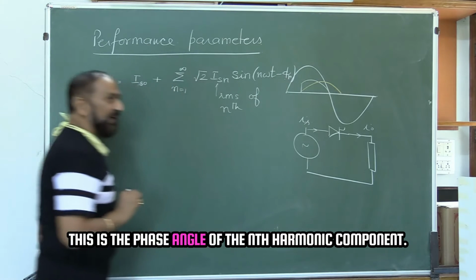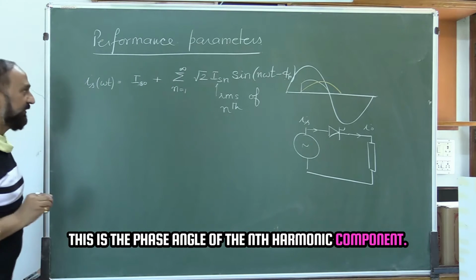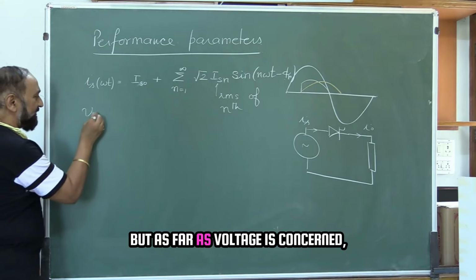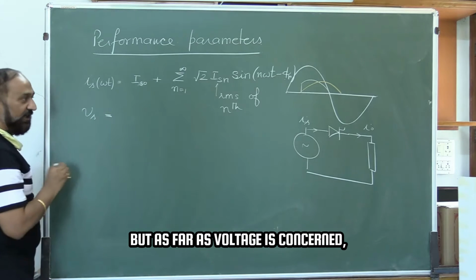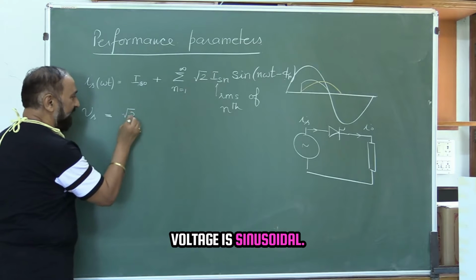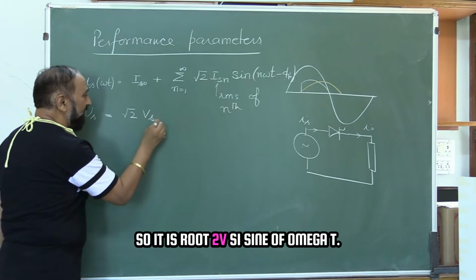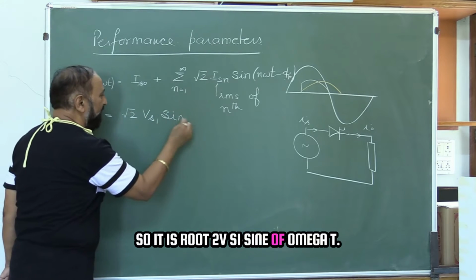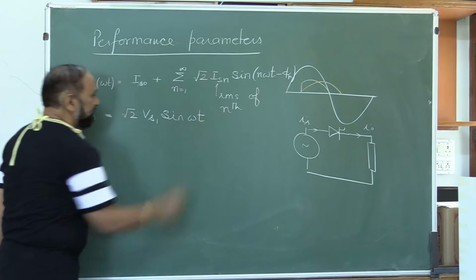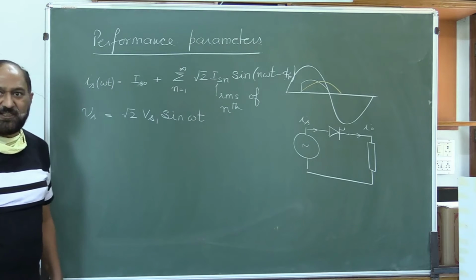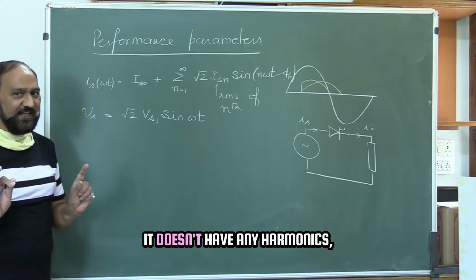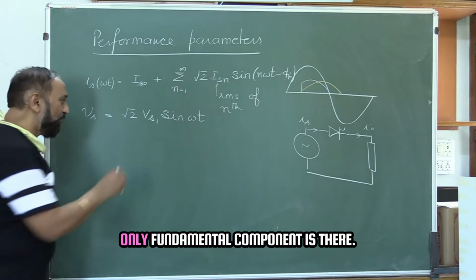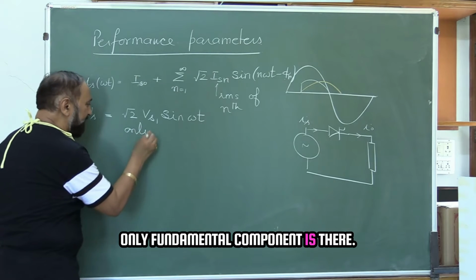This is the phase angle of the nth harmonic component. But as far as voltage is concerned, voltage is sinusoidal, so it is root 2 Vs1 sin omega t. It doesn't have any harmonics, only the fundamental component is there.